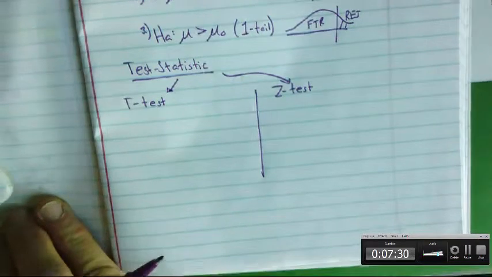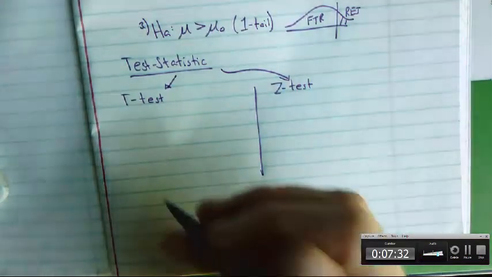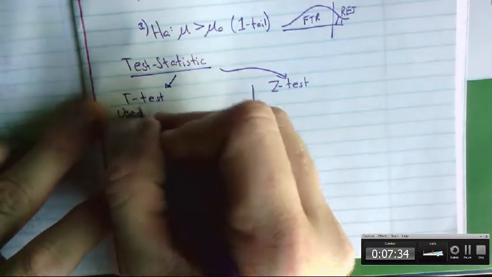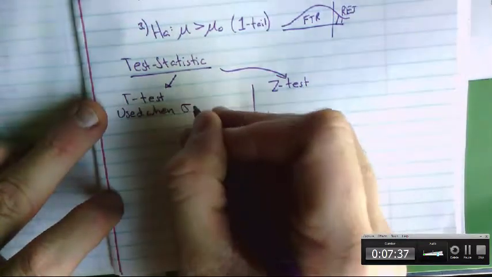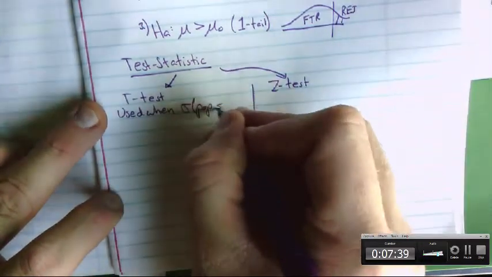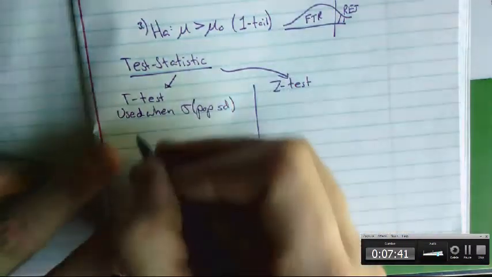When does t-test get used? This is used when sigma, which is the population standard deviation, is not known.